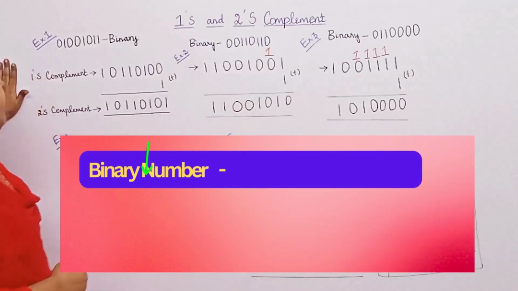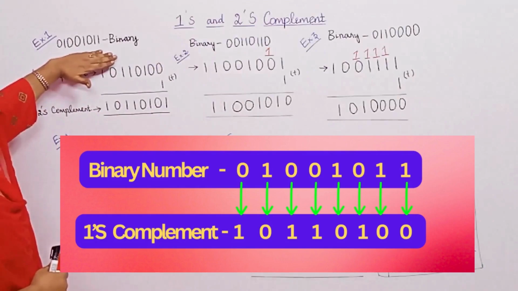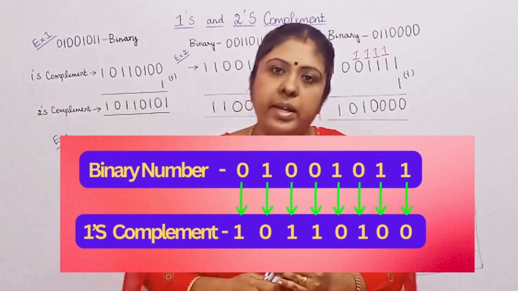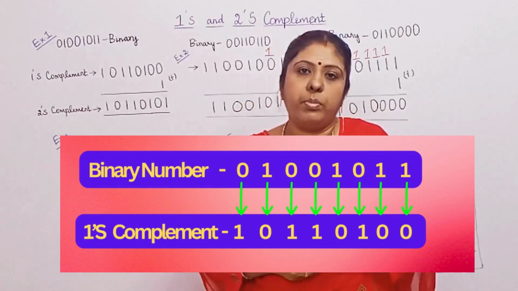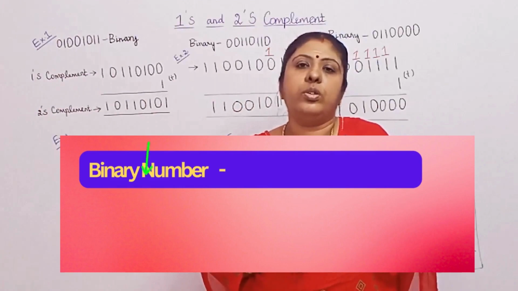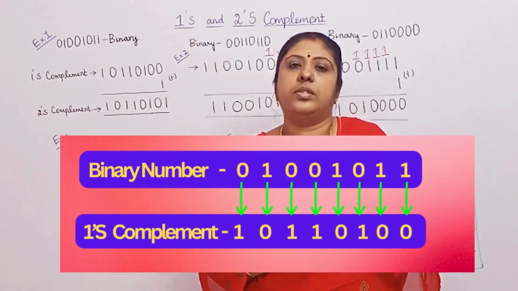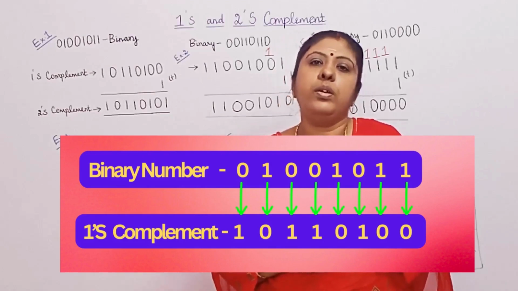Consider this example: 01001011, a binary number. The base idea to convert a binary number to a 1's complement is that you have to replace all the zeros with ones and ones with zeros. This seems to be a very simple concept.